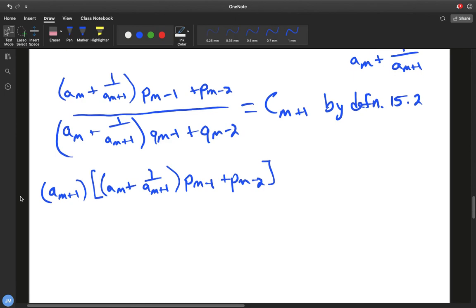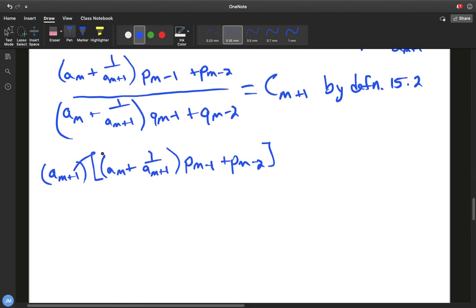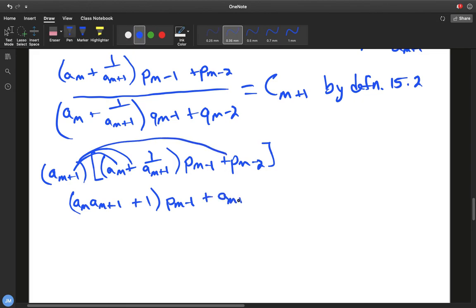When you distribute that to both of these terms first, that gives us a sub m plus 1 plus 1, all of that in parentheses multiplied by p sub m minus 1. And then you also have to distribute it to the p sub m minus 2, so plus a sub m plus 1, p sub m minus 2.